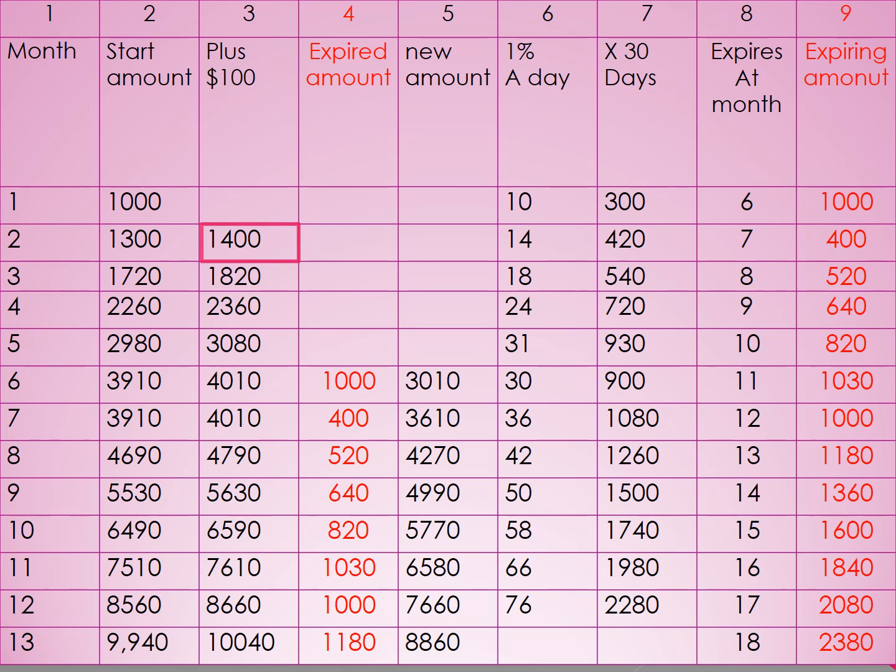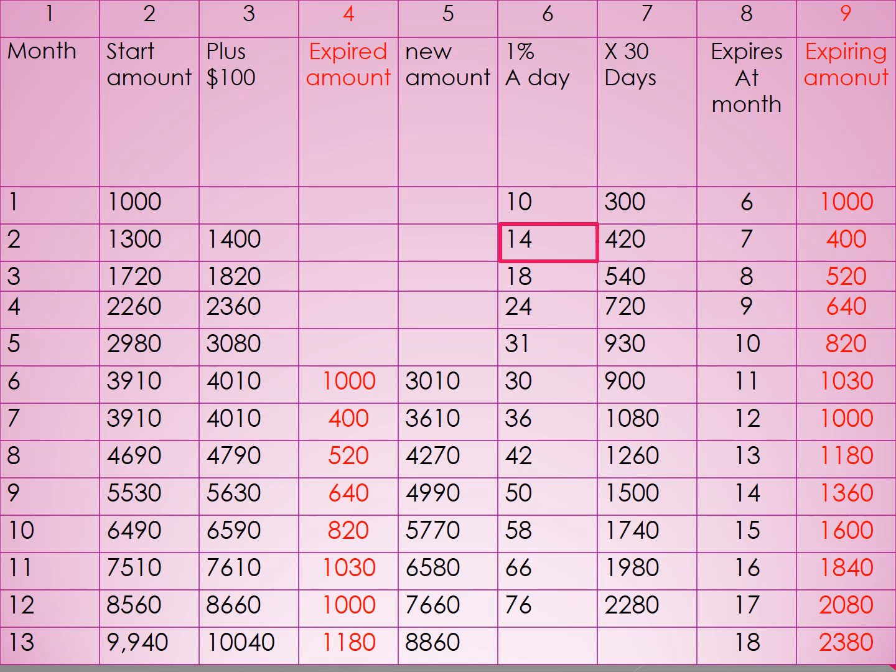Now let's slide over to column 6, row 2. You're going to earn $14 a day. You're going to have a 1% profit share based on $1,400. Now remember that 1% is an average. They pay anywhere from 0.25 to 2.50, but it's very consistent at averaging 1% a day.